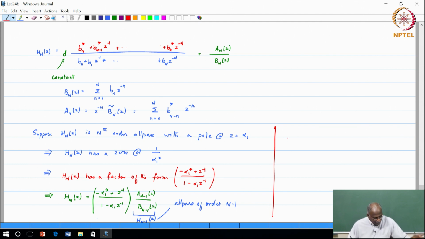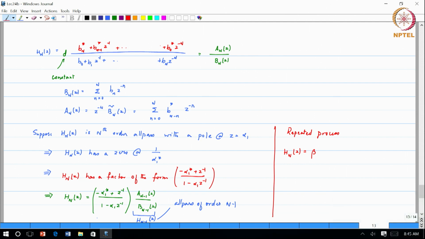So the repeated process of factorization says the following, that h n of z can eventually be written as a scale factor beta, again that is not significant for us.